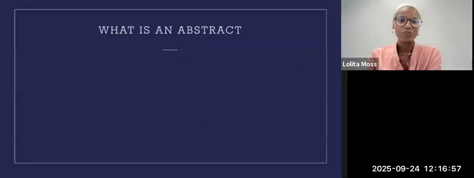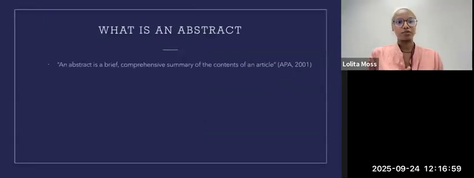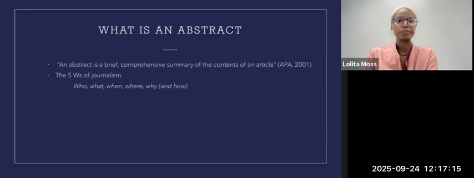Okay, so first of all, what is an abstract? According to the APA, an abstract is a brief, comprehensive summary of the contents of an article. I could not have said it better myself, but most of you probably know that. It just gives you a snapshot view of a project or a paper.